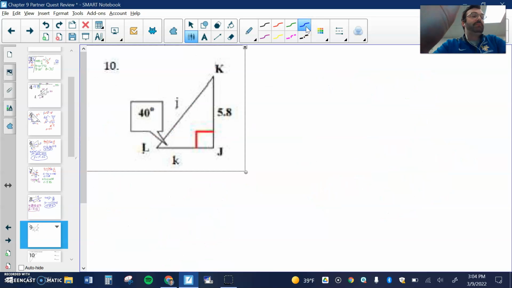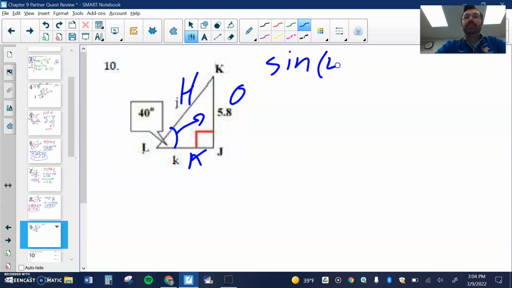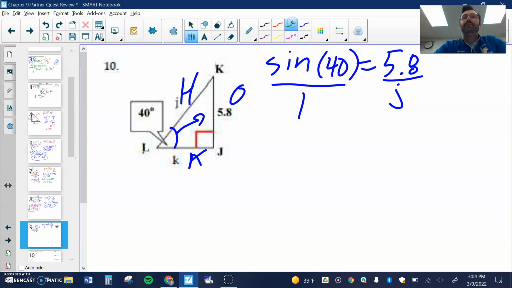Here we go. 40. Opposite. Adjacent. Hypotenuse. I did sine first, so sine of 40 equals 5.8 over J. Put this over 1. Cross multiply. J equals 5.